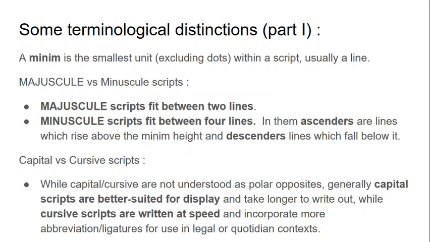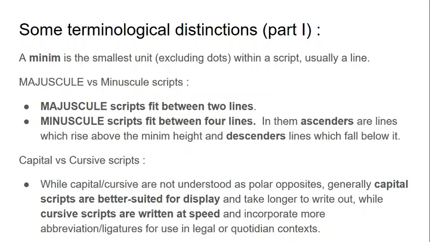There's a distinction we need to make between majuscule and minuscule scripts. A majuscule script is a script which fits between two lines, and you can kind of see it in the difference between the uppercase and lowercase letters in that sentence itself. The E and the L in the word majuscule come to the same height.